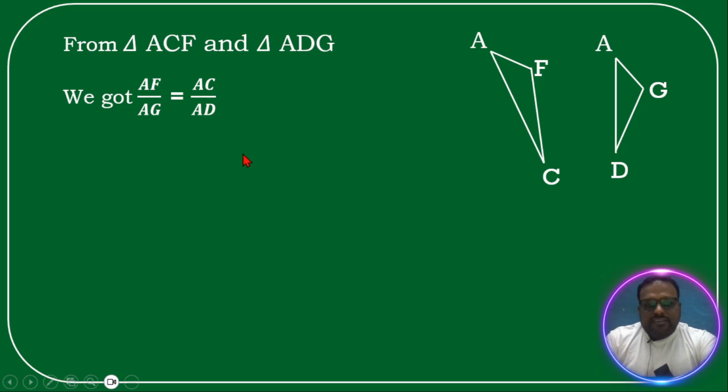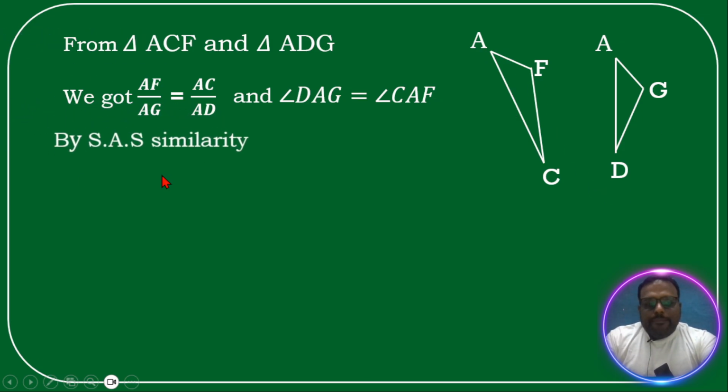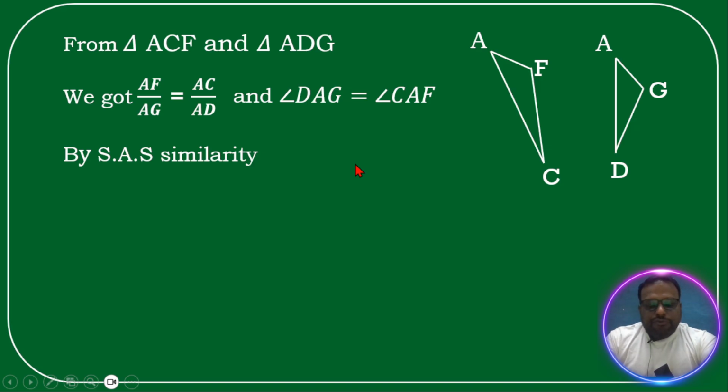What I got right now is DAG is equal to CAF. We just proved it recently. That is our equation number 7. So you can see here AF upon AG equal to AC upon AD, and also angle DAG is equal to angle CAF, right? So finally, by SAS similarity, we can tell that triangle ACF is similar to triangle ADG.